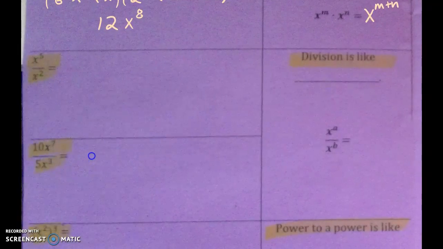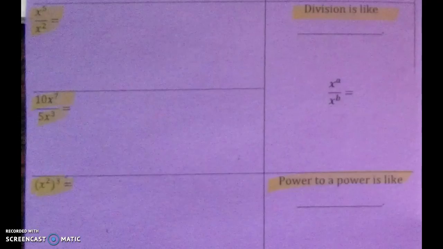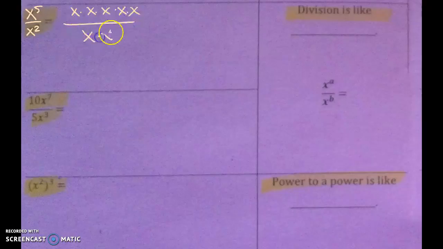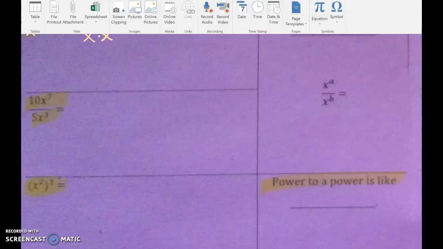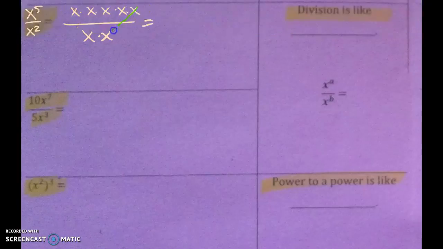Our next rule is division. So if you see a division problem involving exponents, you're going to want to be thinking about this rule. And we have x to the, I believe that's 5th, over x to the 2nd, x times x times x times x times x over x times x. And if we know our division properties well, we should know that these two things divide to 1.